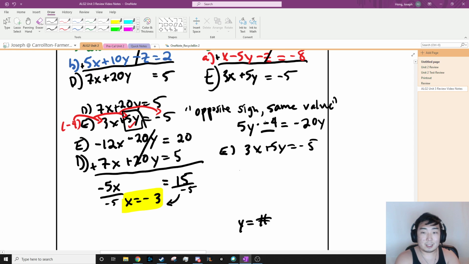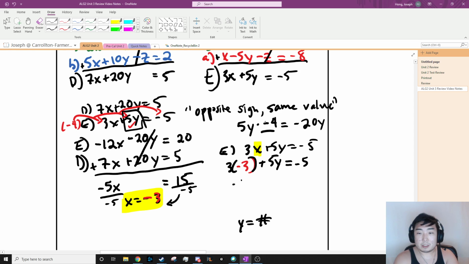This x right here is the same as this below. But I can substitute it. Or I can do 3 times, so if this is negative 3 right here, this is also negative 3, plus 5y is equal to negative 5.